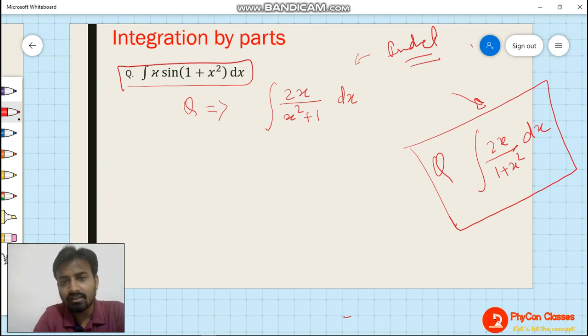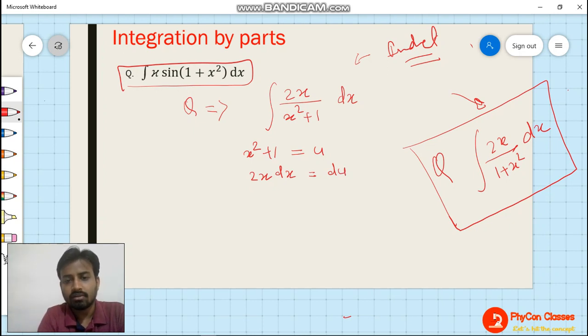Now in such cases, what we can do is assume x square plus 1 as, let's suppose, u. Now differentiate both sides. When differentiating x square plus 1, this will be 2x dx. Then the derivative of 1 will be 0 because it's a constant. The derivative of u will be du.